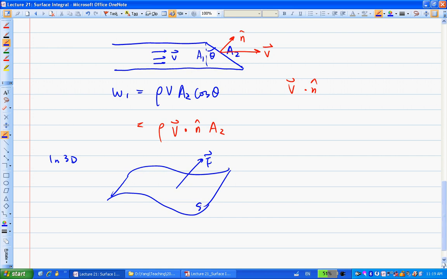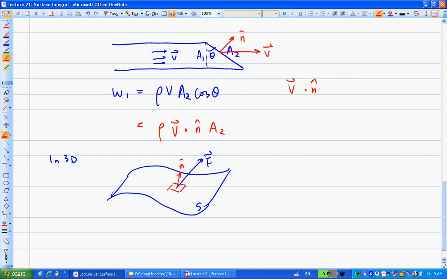So we do something similar. You can take a very small area around here, and represent that small area using a so-called area vector. At this location you have a unit normal vector pointing normal to this small area, perpendicular to it.